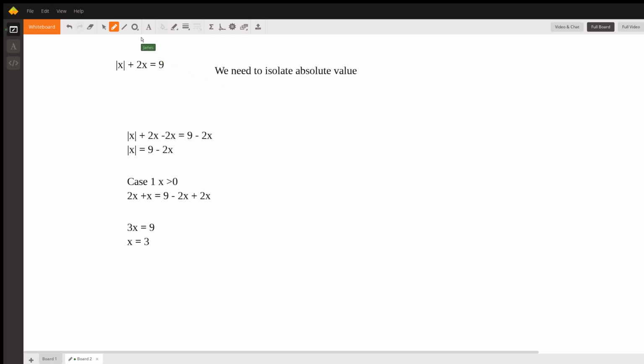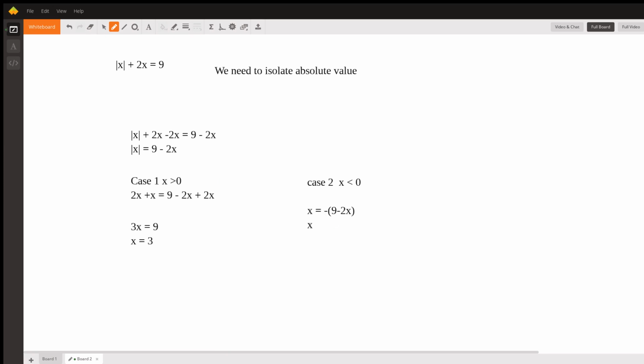Let's look at case 2. We're almost done here. Case 2 is when x is less than 0. Well, then we have x is equal to the negation of this guy here, 9 minus 2x. So it would need to be negative of 9 minus 2x. And then x would be equal to negative 9 plus 2x. We have to distribute that negative sign. We would subtract 2x from both sides, or add negative 2x, same thing.